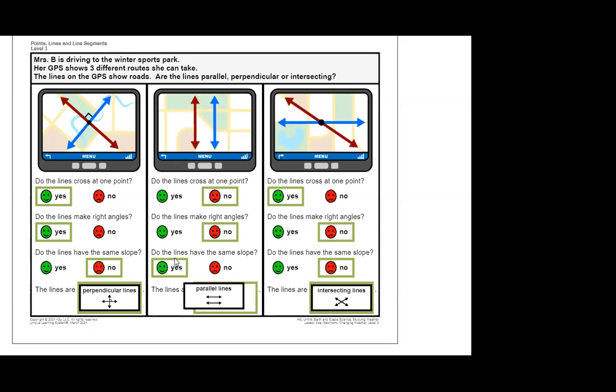They don't make right angles because they don't cross, and they always have the same slope. And then our intersecting lines cross at 1 point, sometimes make right angles. This one did not. They don't have the same slope. Does that make sense? Yes.